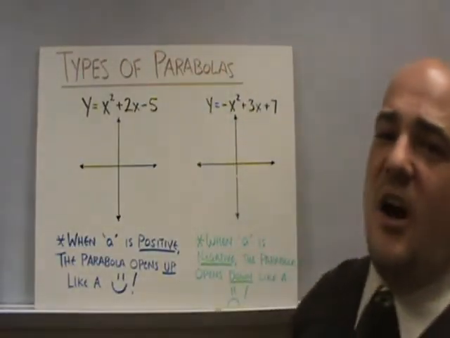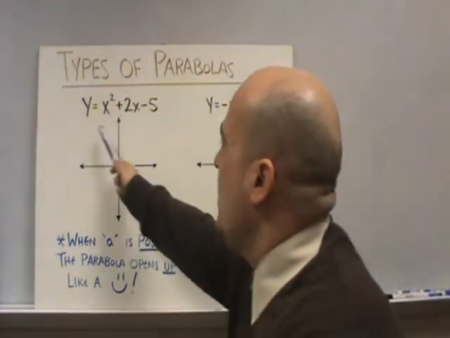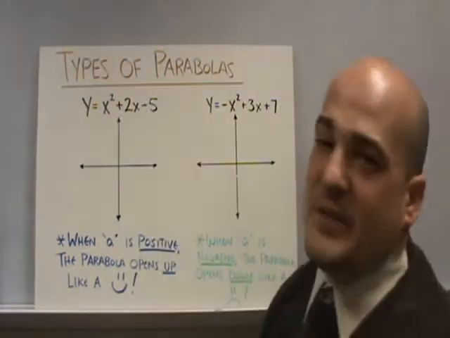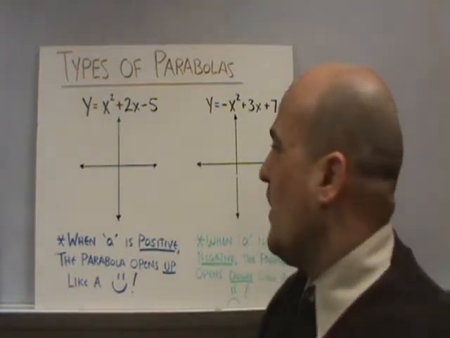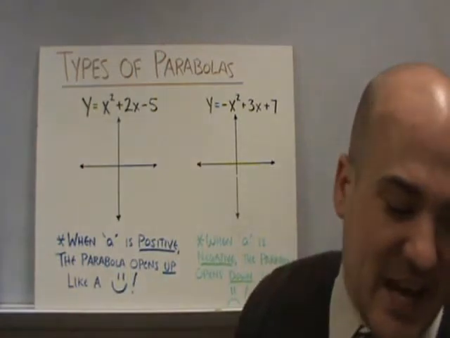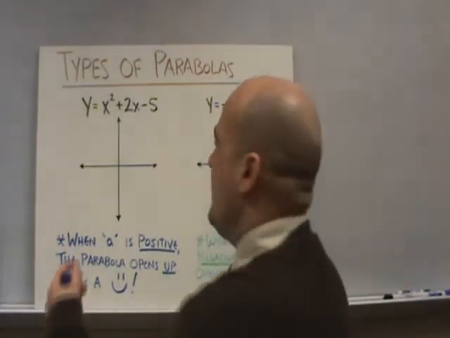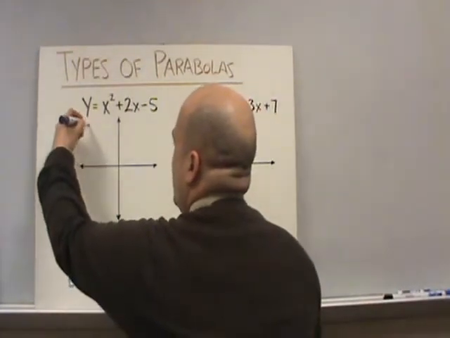On your notes you also have these two equations written, and let's look at this first one. Y equals x squared plus 2x minus 5. If I were to graph this quadratic equation, I'm not going to get technical today and get it exactly perfect, and you don't need to either, but this parabola would look something like this.